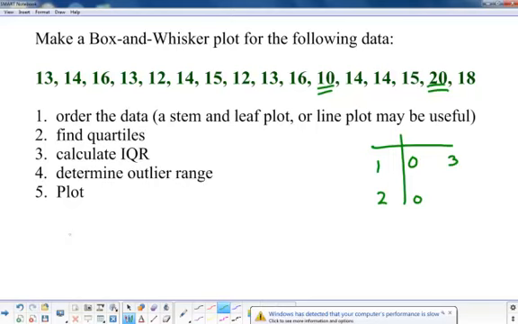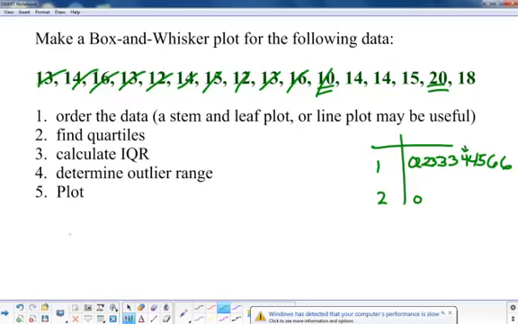We're just making the stem and leaf to make our box and whisker. So we've got the 3, the 4, the 6. And then I've got another 3, a 2, and a 4 that I just crossed off. A 15 would go right here. A 12 would go right there. A 13, I'm going to squeeze a 3 right here. A 16 up here. 10 I already have because it was my lowest number.